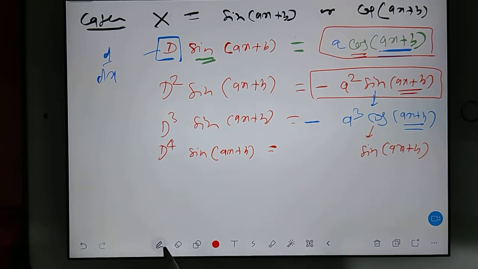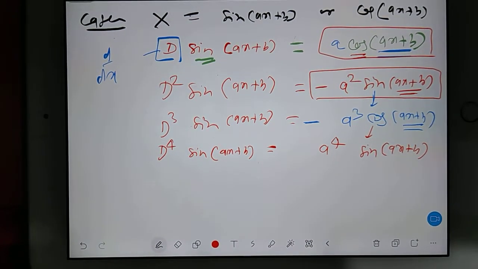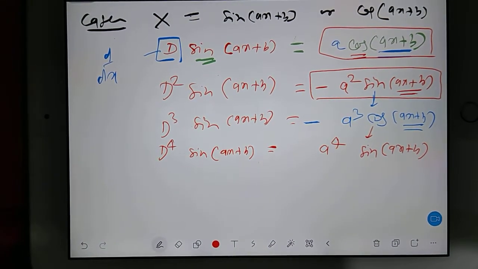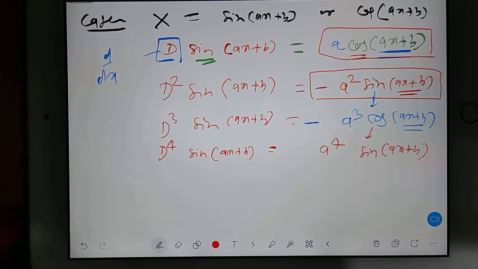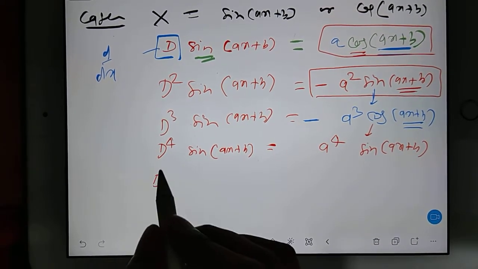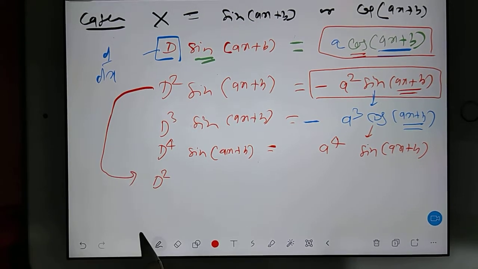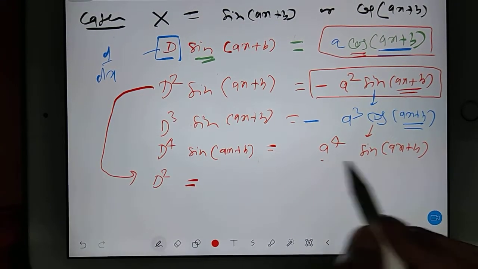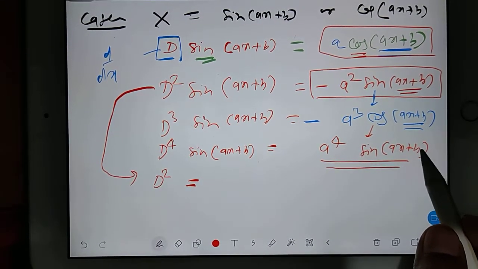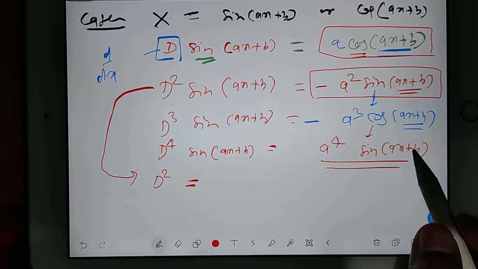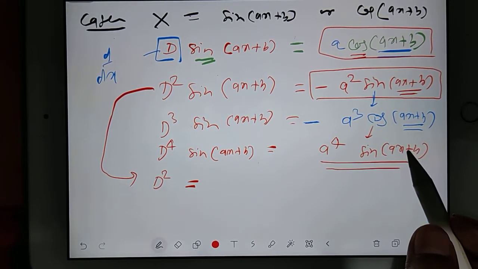So this will be plus, and this will be a power 4. Now see here, try to relate the logic here. This d square value and this value, they are similar in a few things.